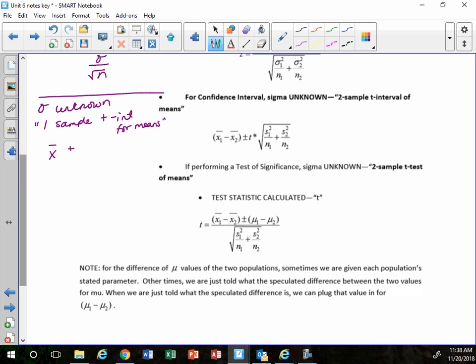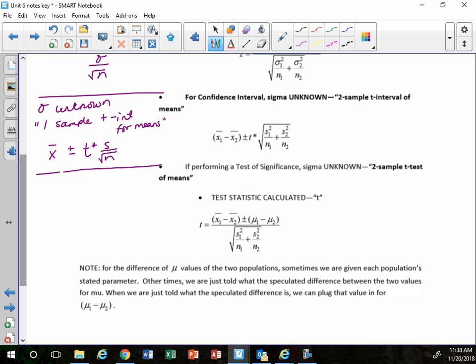X bar plus or minus t crit times s over square root of n. So the general rules of when you're doing a z, when you're doing a t, none of that has changed. You're just identifying whether you're looking at one sample or two samples. Okay, and the process is very similar too.